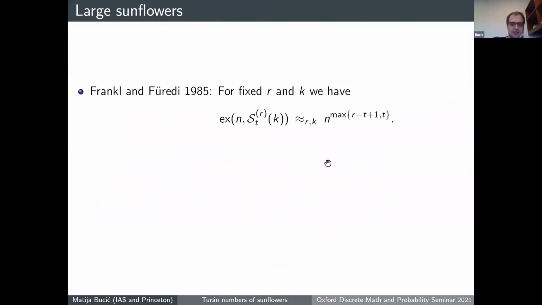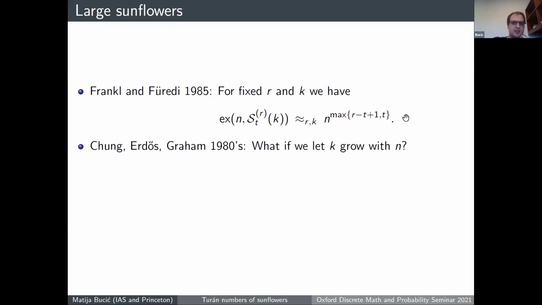So this gives us some kind of understanding of this Turán function, but the natural next question is, can we get a better understanding? Can we maybe determine the correct dependency on r or on k? This question, at least in terms of the correct dependency on k, was raised in several places by Chung, Erdős and Graham over the 1980s.